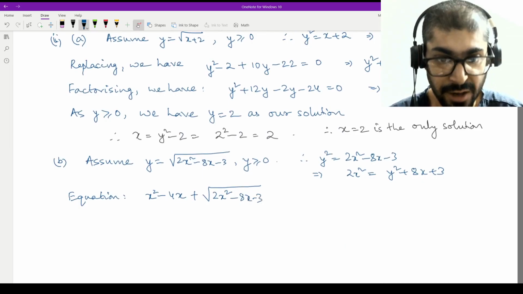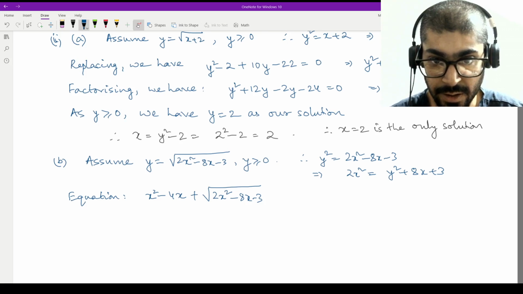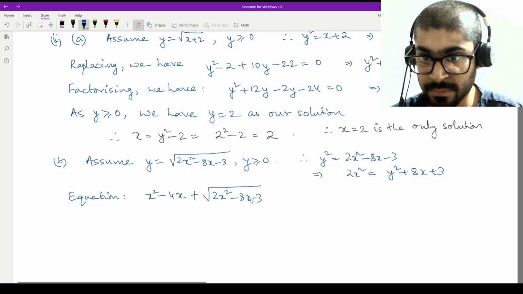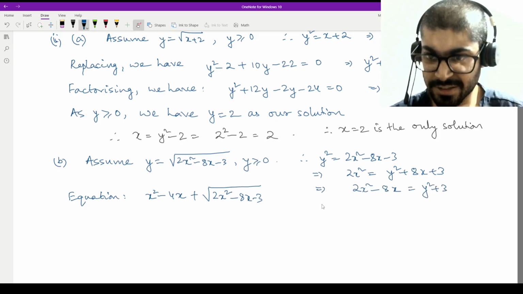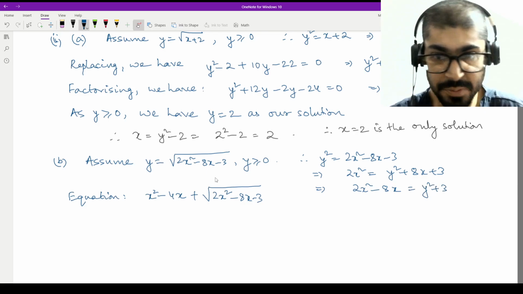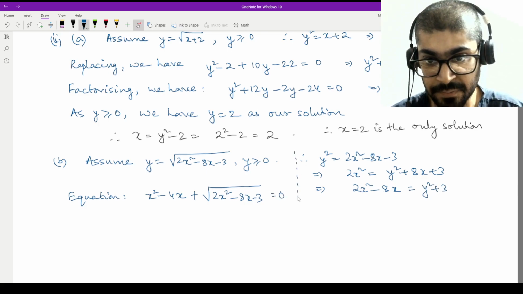Alright, now here, instead of replacing x square, I will have 2x square minus 8x equal to y square plus 3. Alright, just a simple change so that the substitution becomes easier. Equal to 0, right? So this is a different part.